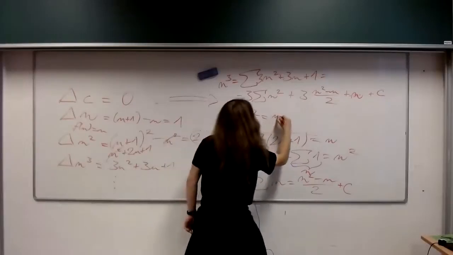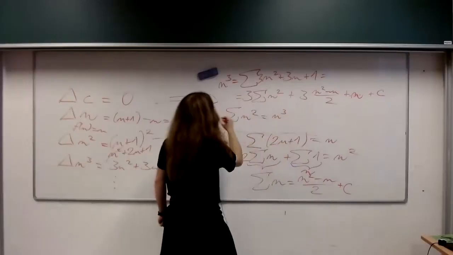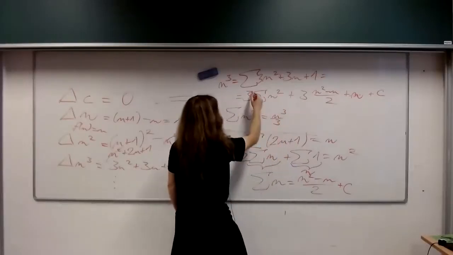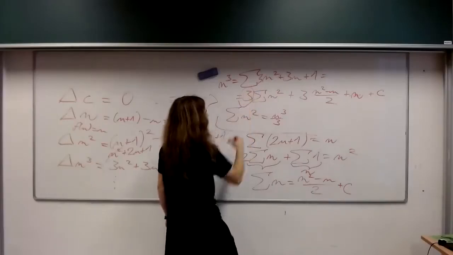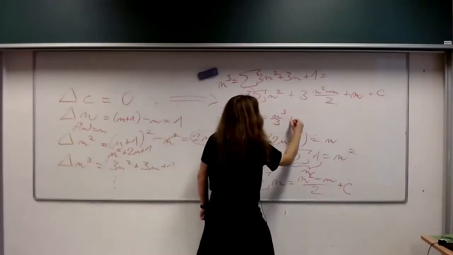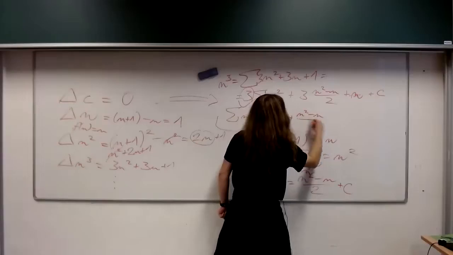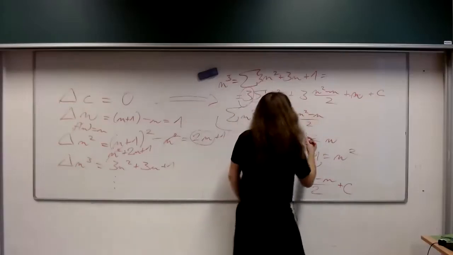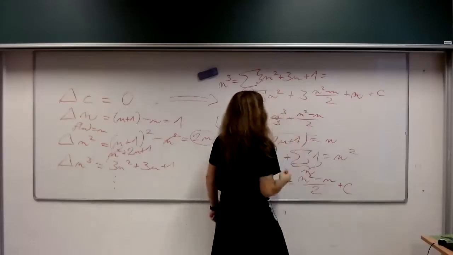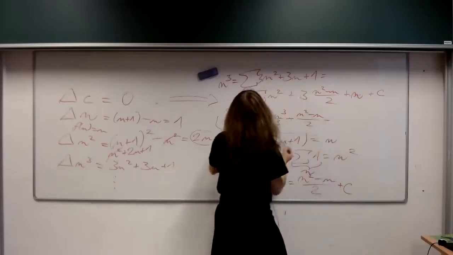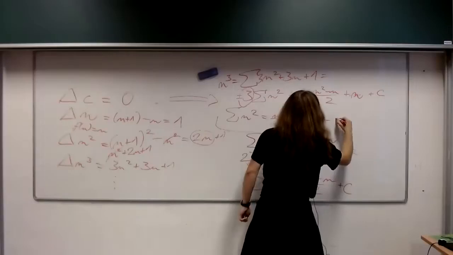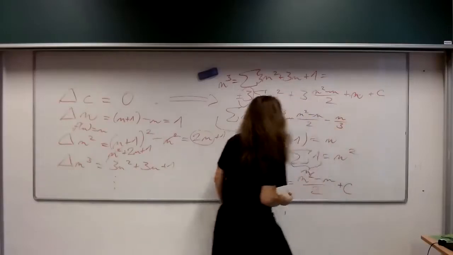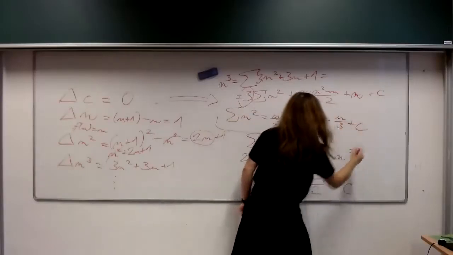And we get n cubed over 3, because there was a 3 in here, plus n squared minus n over 2, because those 3's will cancel, and of course a minus. And here we get n over 3. Of course, a summation constant as well.